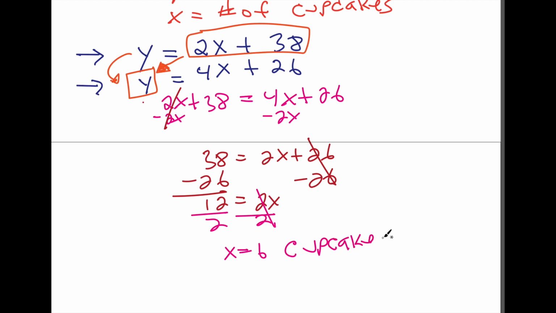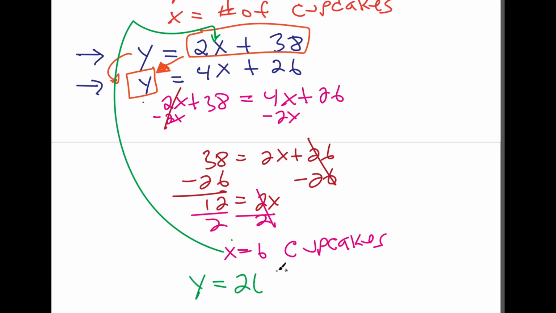And to find out what the cost is going to be, just plug that back into one of your two originals. Just pick one. I choose that one. So y equals 2 times our 6, plug it right in, plus 38.